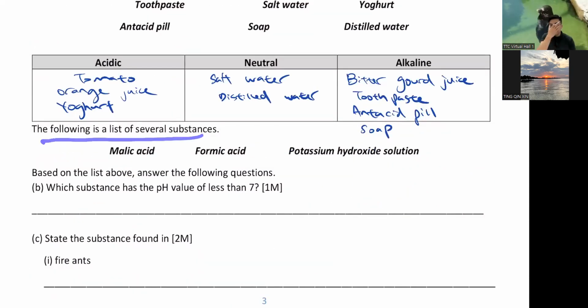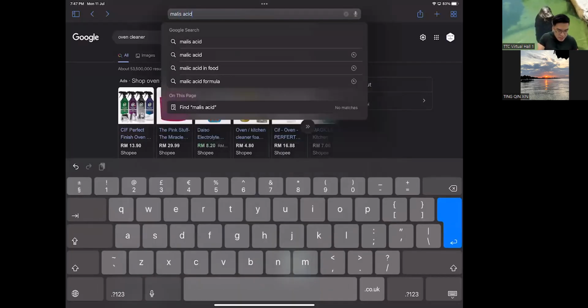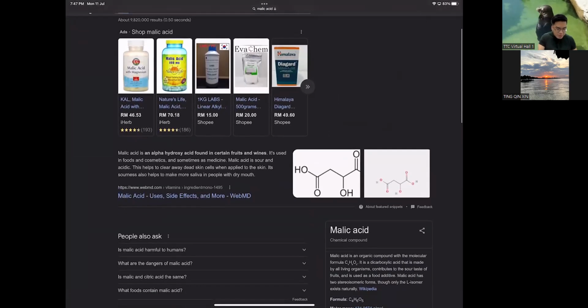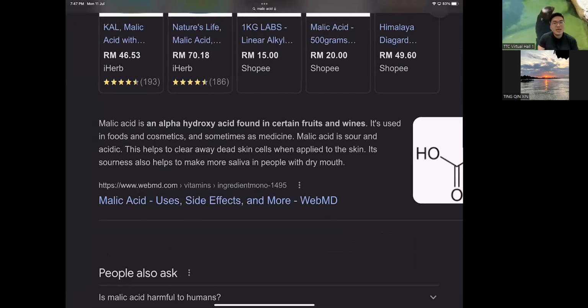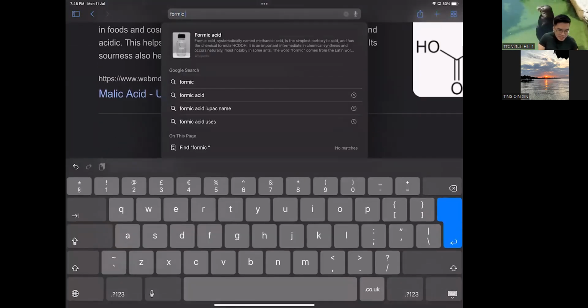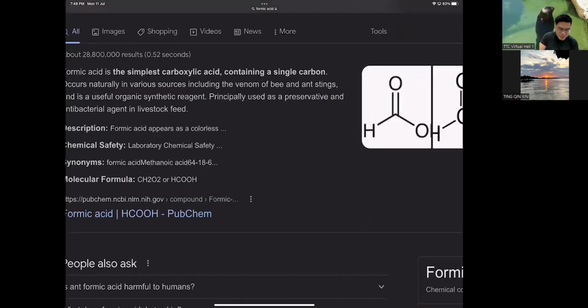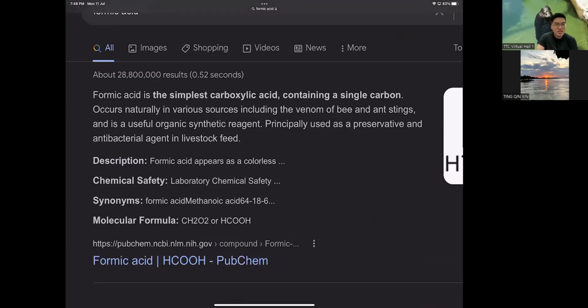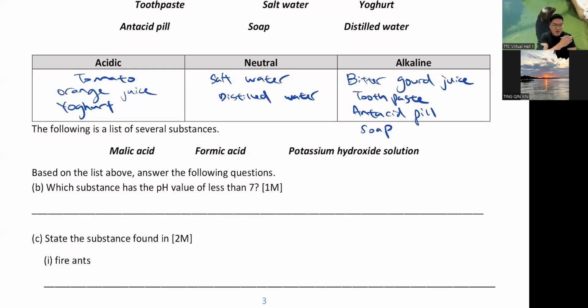The following is a list of several substances. So here we have malic acid, formic acid, and potassium hydroxide solution. You might say, Sir, what is this? I've not seen that before. Okay, let me show you. What is malic acid? Malic acid is in apples. It's also in wine. And what is formic acid? This is in ants. Why does it hurt when some ants bite you? Bees also have it. When a bee stings you or an ant bites you, why does it hurt? It is because of this formic acid. So when you get stung or bitten, remember to apply alkaline to neutralize this acid.